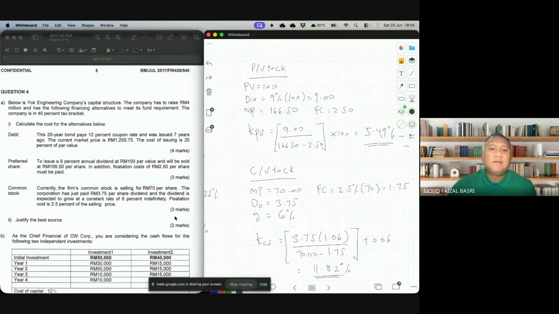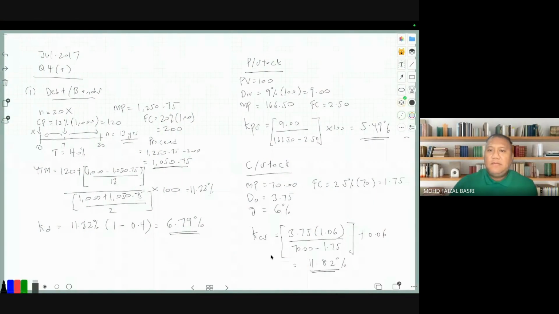So dah 10 markah. And then we have 2 marks more to justify the best source. Okay, so kita ada 3 option. We have bonds, 6.79, preferred 5.49, and the common stock is 11.82%. So untuk pilihan, we always go for the cheapest one, the lowest rate, which is dalam case ni, it's 5.49 lah. Yang paling rendah kan, among the 3.